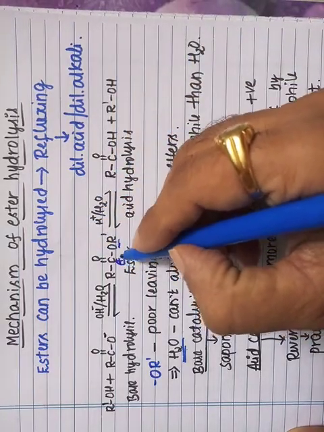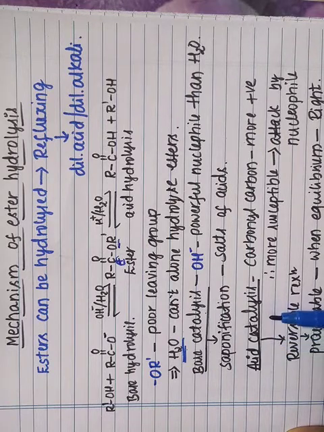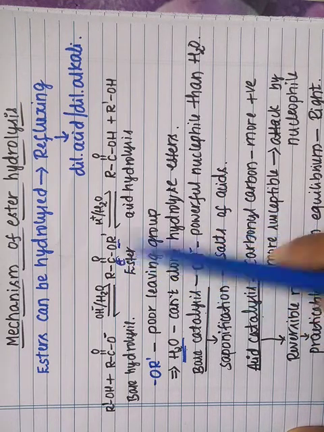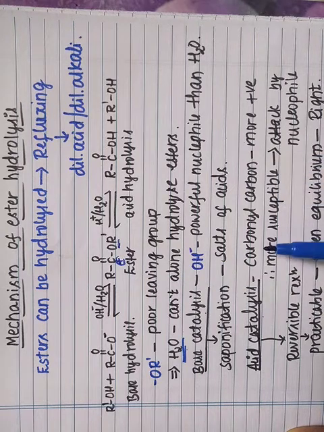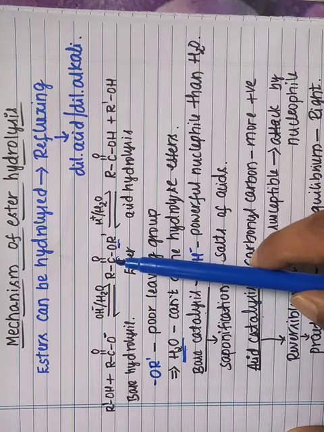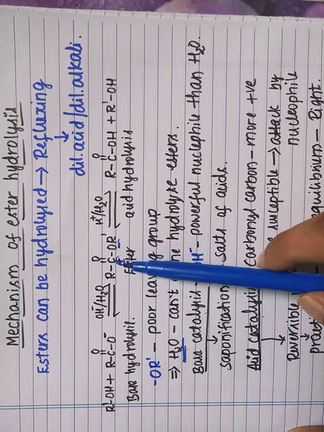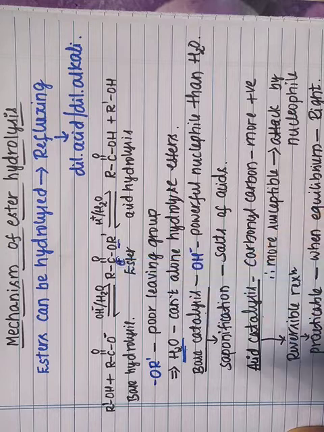Therefore the carbonyl carbon is more susceptible to attack by the nucleophile. So when the esters are subjected to acid hydrolysis, the carbonyl carbon becomes more positive, and the nucleophiles can easily attack on the carbonyl carbon.